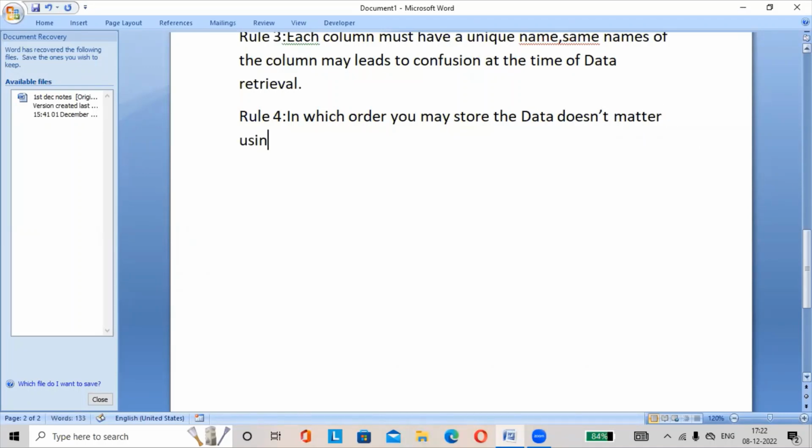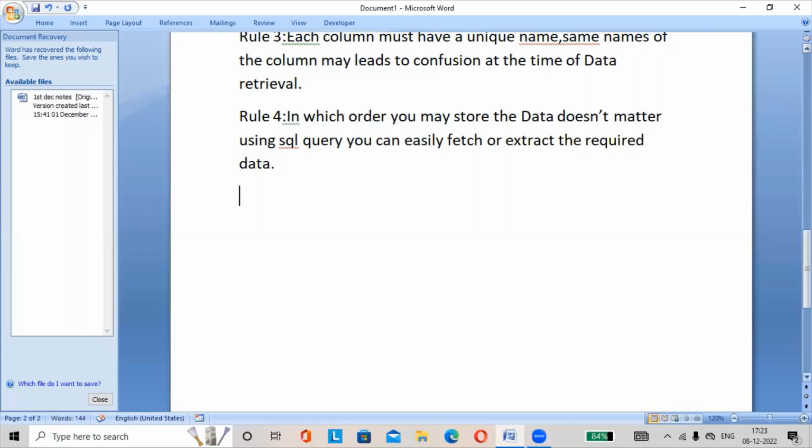Using an SQL query, you can easily fetch or extract the required data. Is it clear, ma'am?